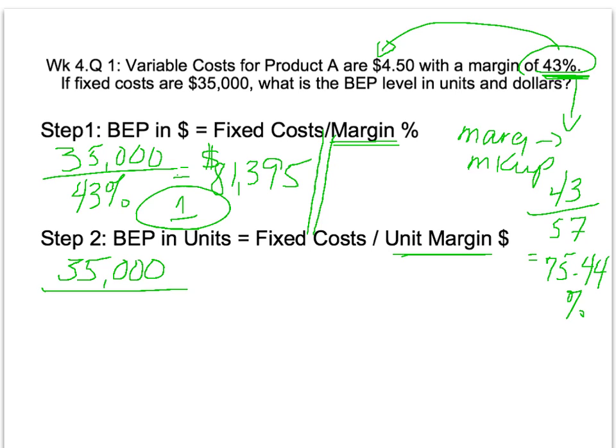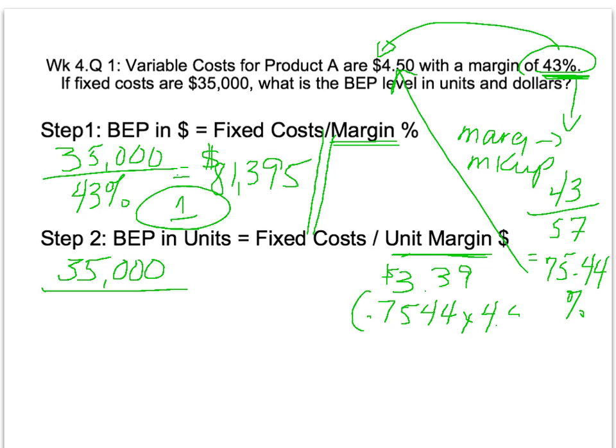Multiplying that by your variable cost gives you a unit margin of $3.39. Again, that's your markup of 75.44% times your variable cost of 450.